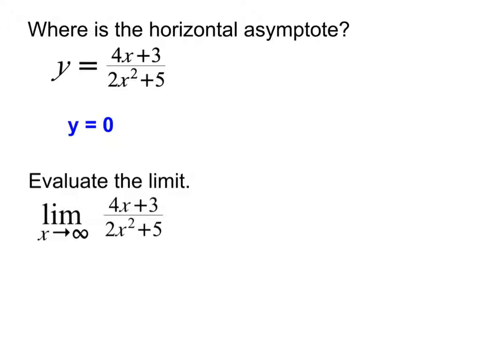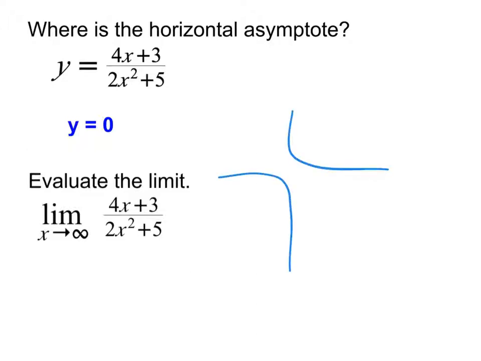All right, so now that we know where the horizontal asymptote is, please now evaluate this limit. As x is approaching infinity of the same expression, what is the limit? So, in other words, if I were looking at this graph, it's doing something kind of like this.